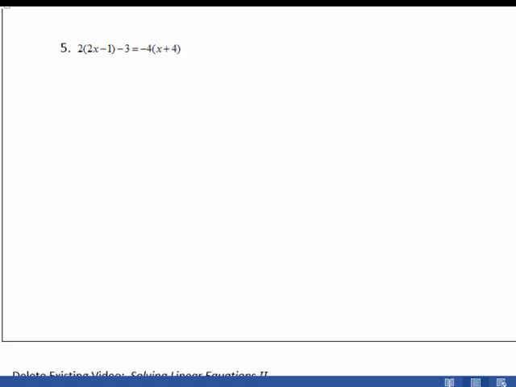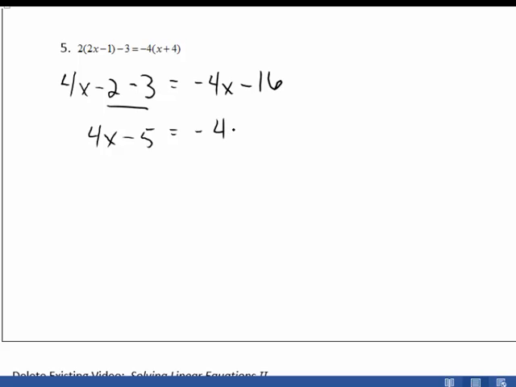Alright, last one. Okay, so I'm going to distribute the 2, so that gives me 4x minus 2. Distribute the 4, negative 4x minus 16. Combine like terms, 4x minus 5 equals negative 4x minus 16.